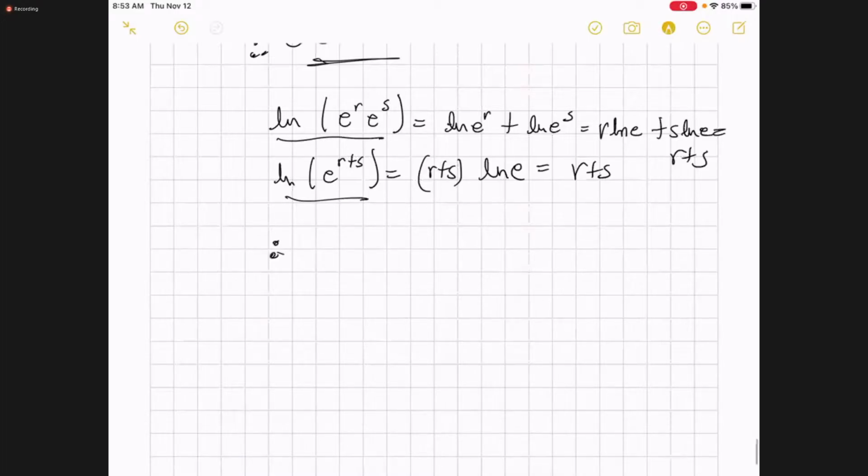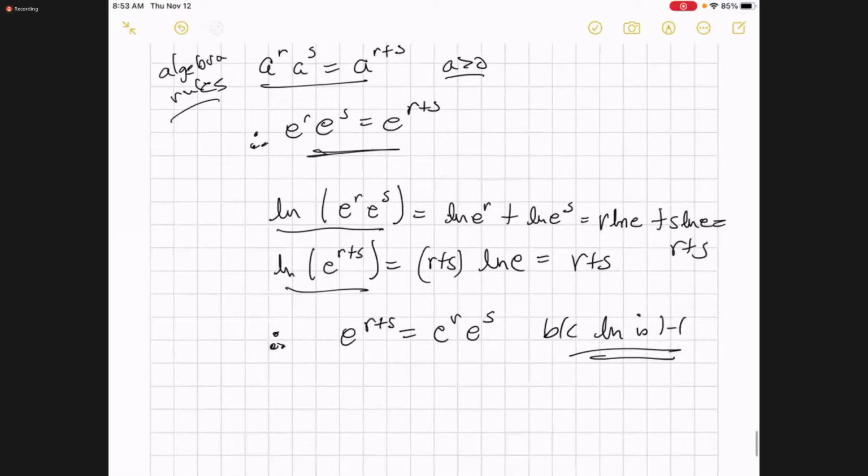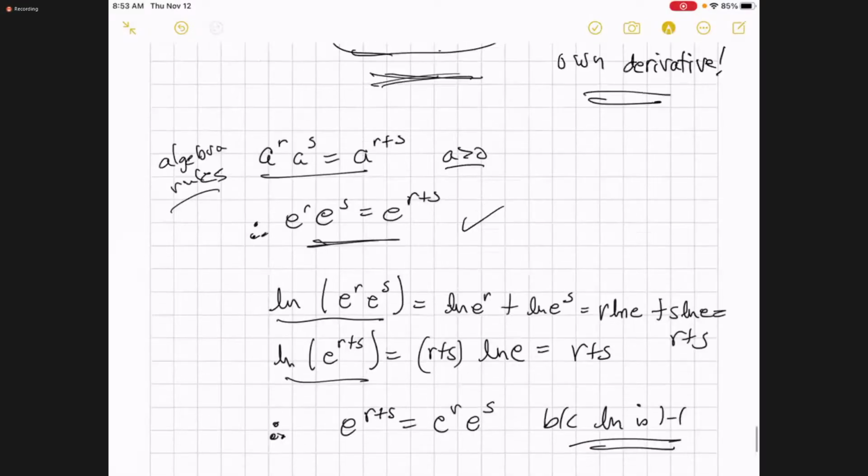Therefore, e to the r plus s is equal to e to the r times e to the s because the natural log function is 1 to 1. Okay. So this is true, which had better be the case because this rule is supposed to apply to all positive numbers a and real numbers r and s.